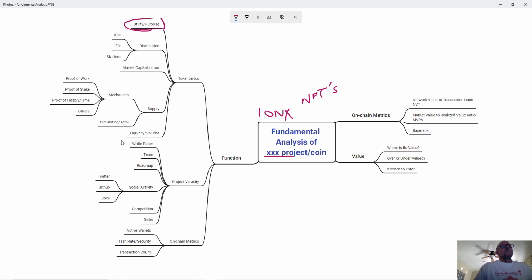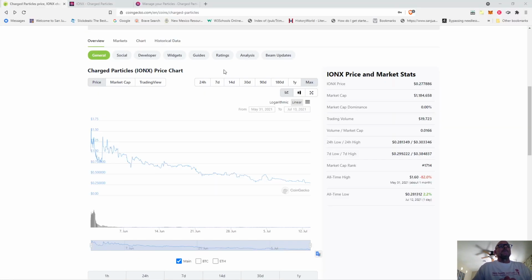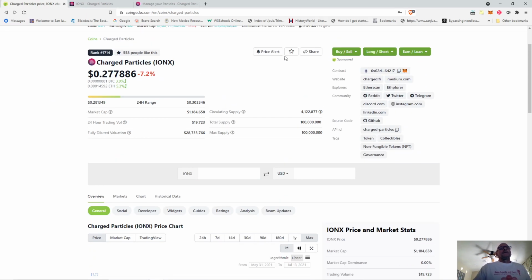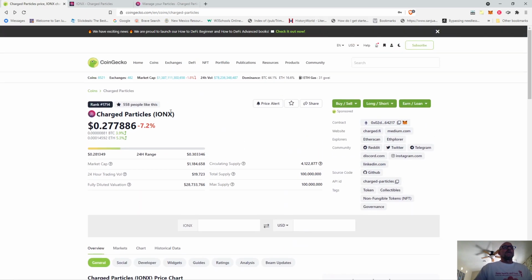So the first place I want to go when I want to answer some of these questions, such as its distribution, well, most of the stuff we start with CoinGecko, right? I do a search for IONX or Charged Particles, and I look at its rank. That's one of the things you look at.